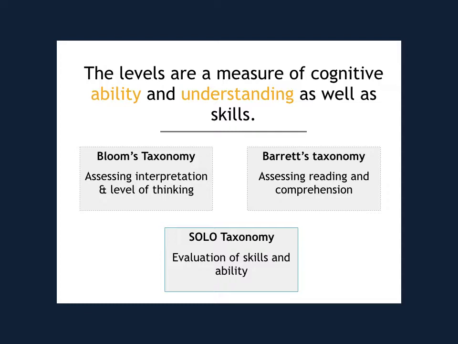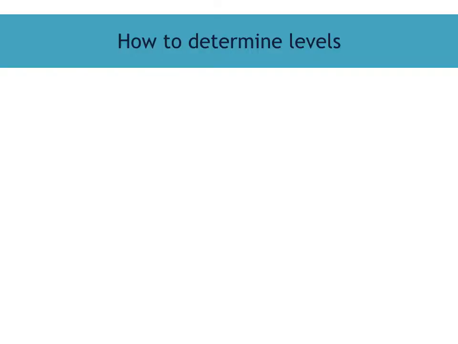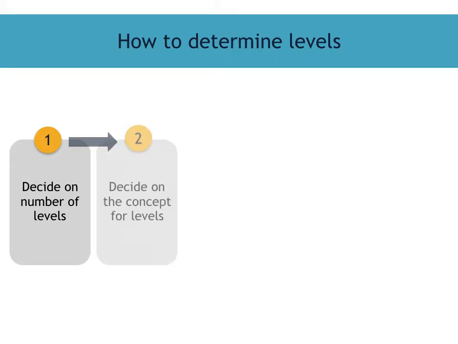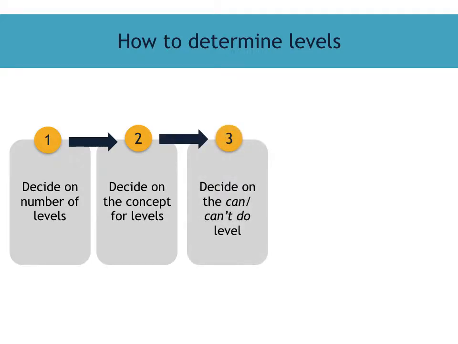Now let's have a look. How do we determine these levels in a rubric? There are 5 key stages. The first is to decide on the number of levels. The next, decide on the concept for the levels. So in other words, what do they actually mean? Then this is the most important: decide on what we call the can and can't do level. We'll come back to that just now when looking at how we actually develop this.